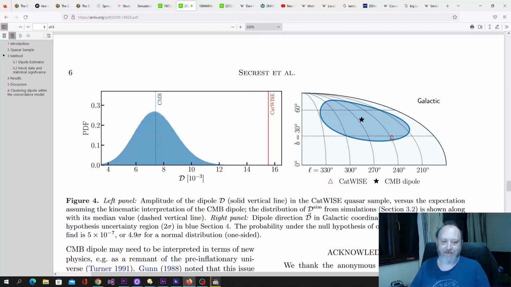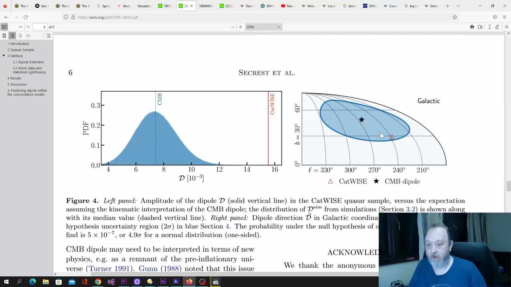So essentially, what they're saying is that if this kinematic interpretation of the CMB dipole was correct, then we would expect the quasar group dipole to also match up with this one, but the dipole is actually down here.